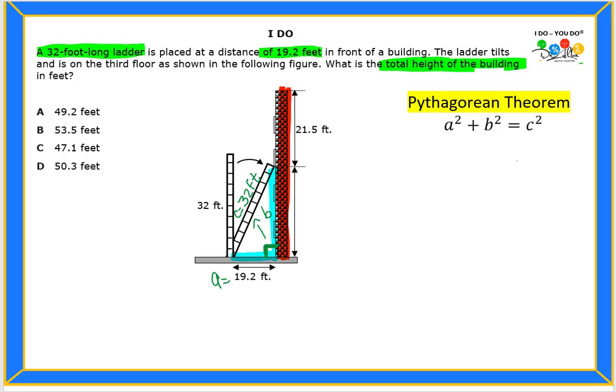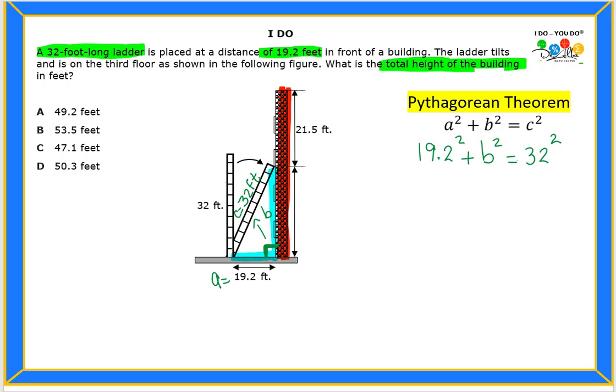Therefore, A is going to be replaced with 19.2 feet to the second power. The units, I'm going to leave aside. We'll come back to those at the end. B is not given to me, so I will write down b squared. C is the hypotenuse, and that's 32 feet, so I'll write down 32 to the second power.